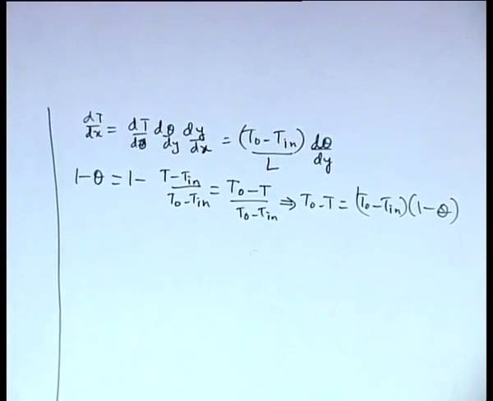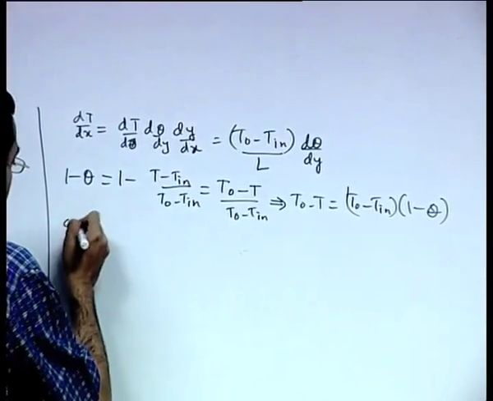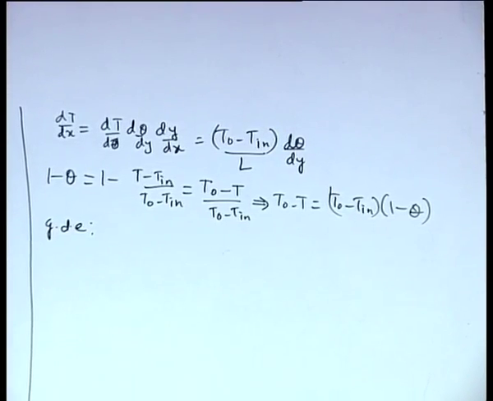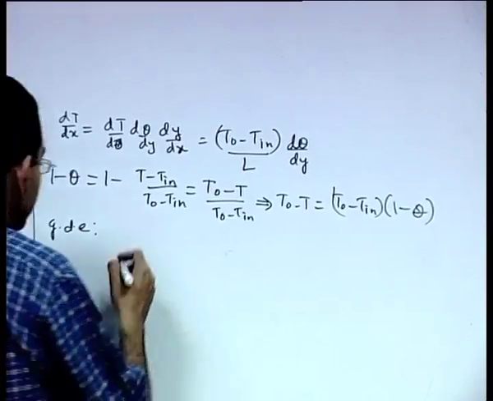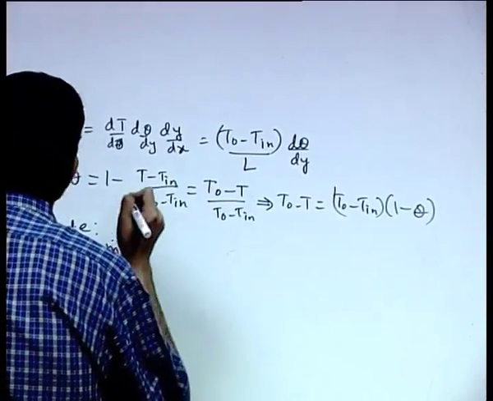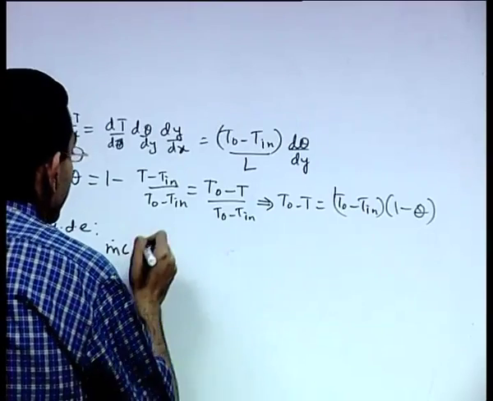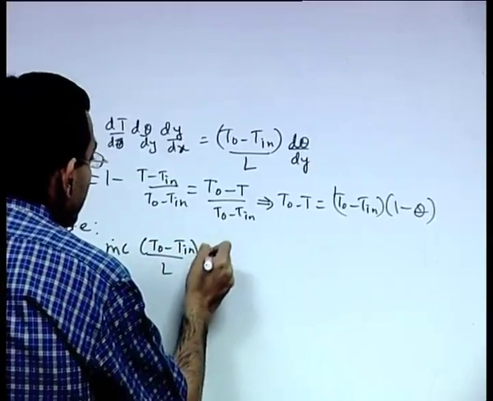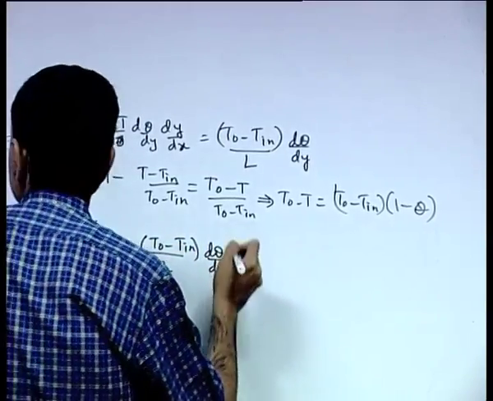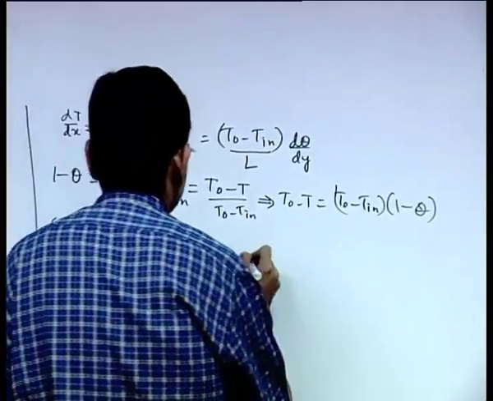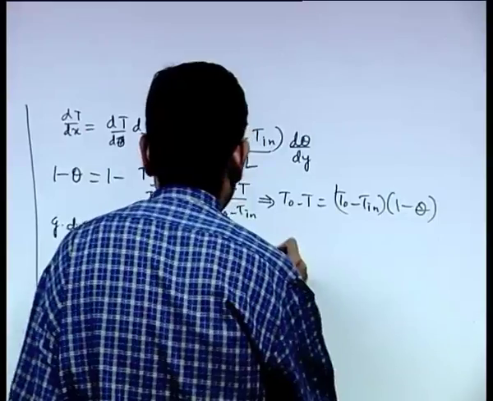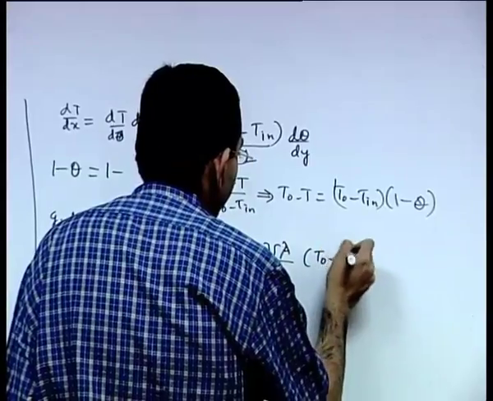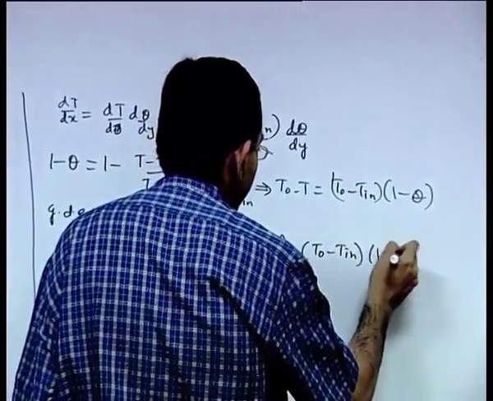So the governing differential equation becomes m dot c into T0 minus T in by L d theta dy is equal to u a by L into T0 minus T in by 1 minus theta.